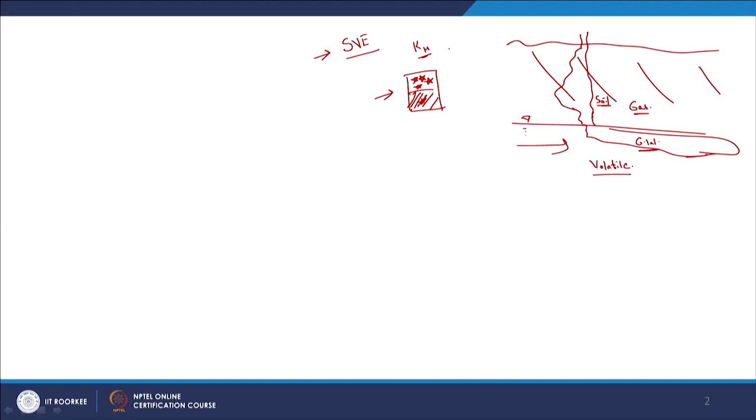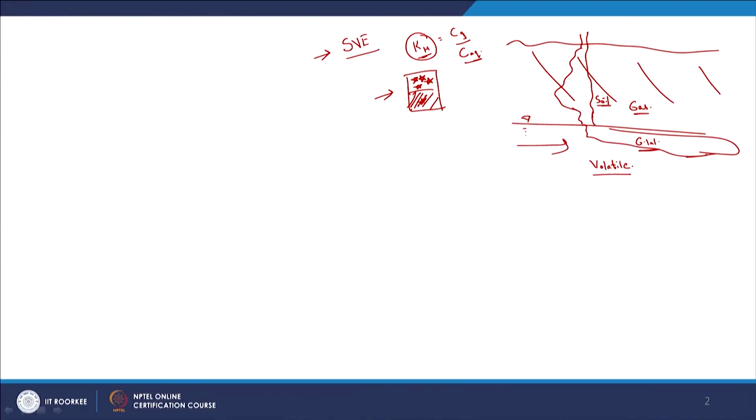And how can we understand the relationship here? Typically based on Henry's constant, right, which will give us an idea about the concentration of the compound in the gaseous phase to the concentration of the compound in the aqueous phase. As we mentioned, there are different types of Henry's constants depending upon the dimensions that particular constant has.